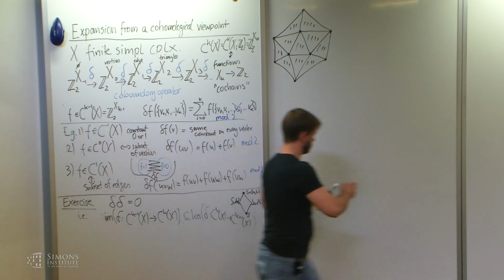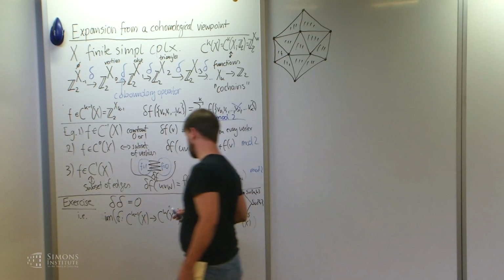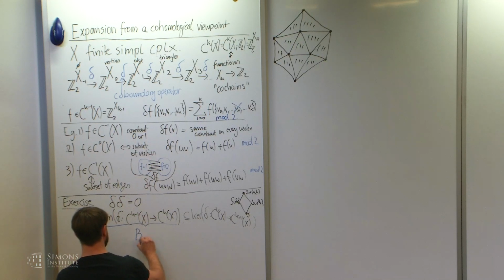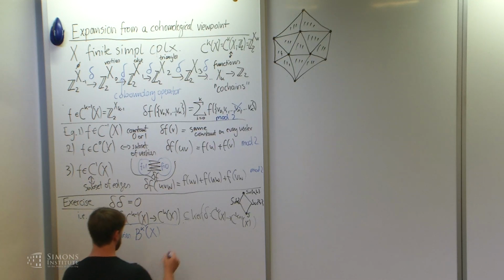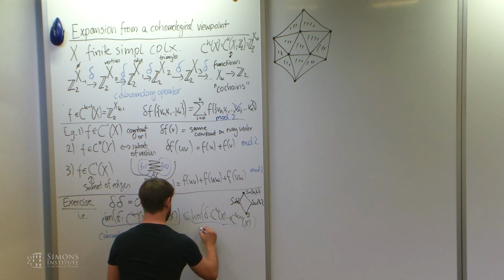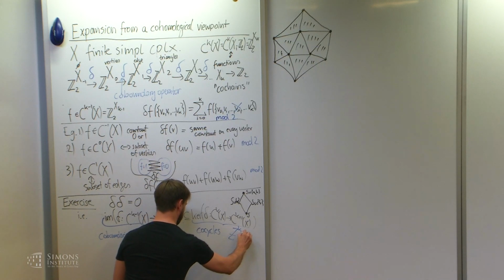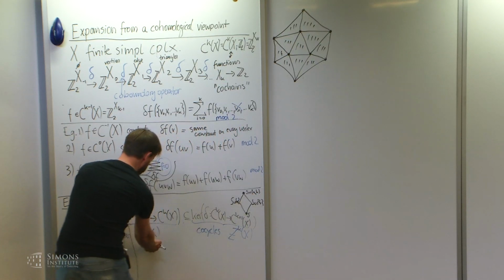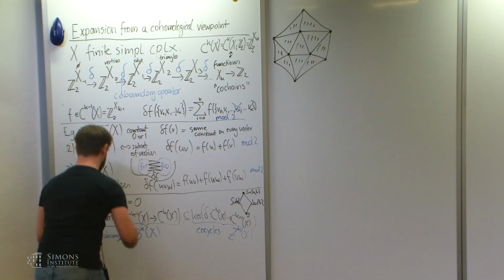And so these images are called co-boundaries, k-dimensional co-boundaries. And the elements in the kernel are called cocycles. And because this is a linear subspace, and this is a linear subspace, I have this containment, so I can form the quotient.